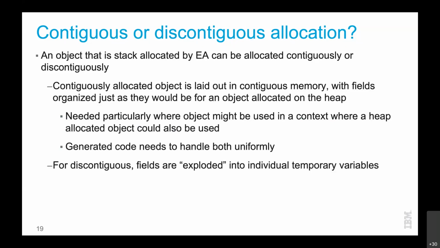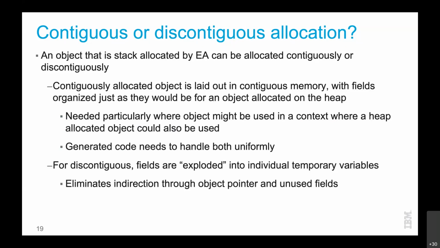In the case of a discontiguously allocated object, the fields of the object are exploded into individual temporary variables. That happens in situations where the generated code is not going to need to access either a heap allocated or a stack allocated object at the same point through the same generated code.